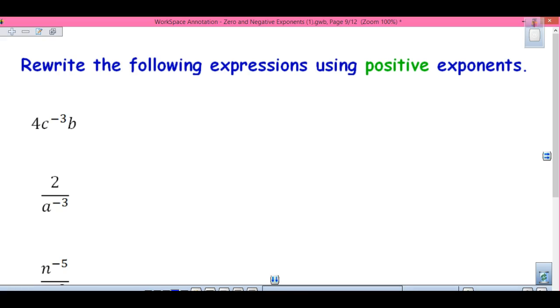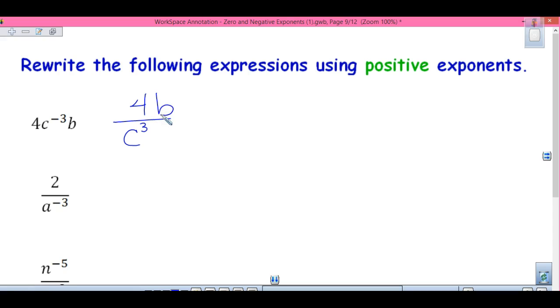Okay. Is this a 4 on your guys' paper? Things got cut off on mine. Okay, so we've got a 4. Is there any negative with him? No, so he stays put. What happens to that c to the negative 3? He gets shoved to the bottom. How about that b? Stays to the top because he's positive.